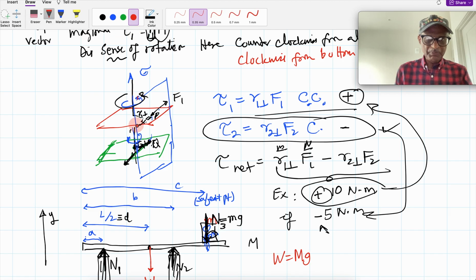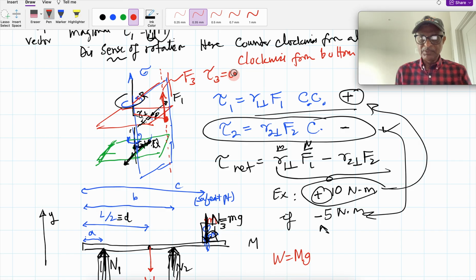If this is the door, and I was pushing the door up, so here is a handle, and pushing the door up, this is the line of force, and if you draw a perpendicular like that, the distance between them remains the same, and this force will not produce torque. So such a force F3, torque 3, is 0.